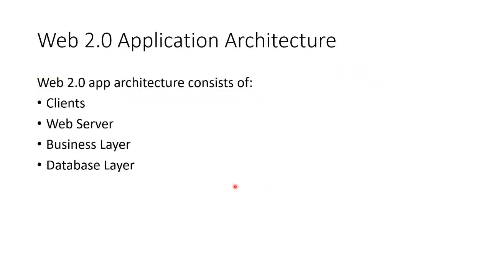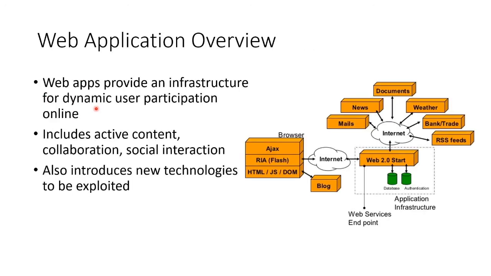So when we look here, we have the database, we have the business functionality, we have the web server itself, and then we have the users and their devices and browsers. A web app is a whole sort of infrastructure for dynamic participation of the user. It can include active content, social interaction, collaboration.